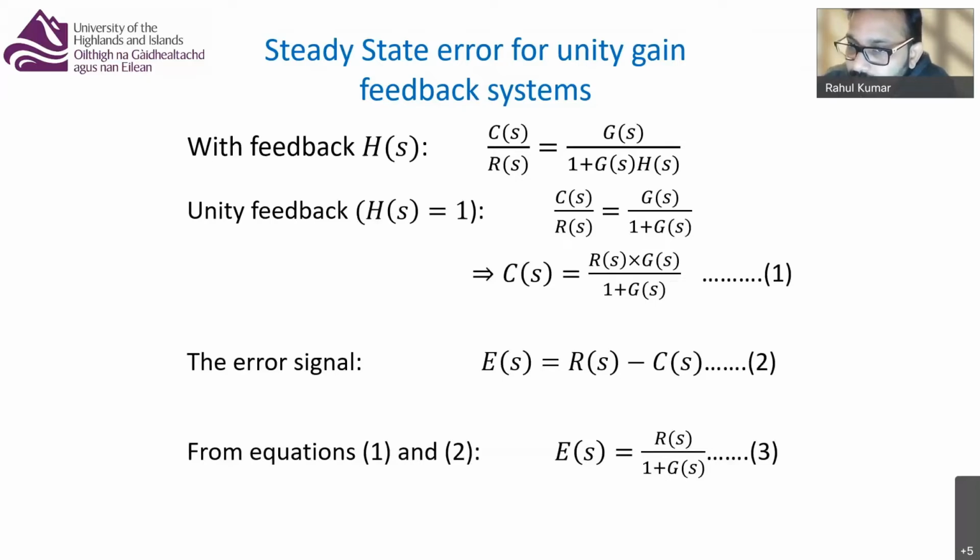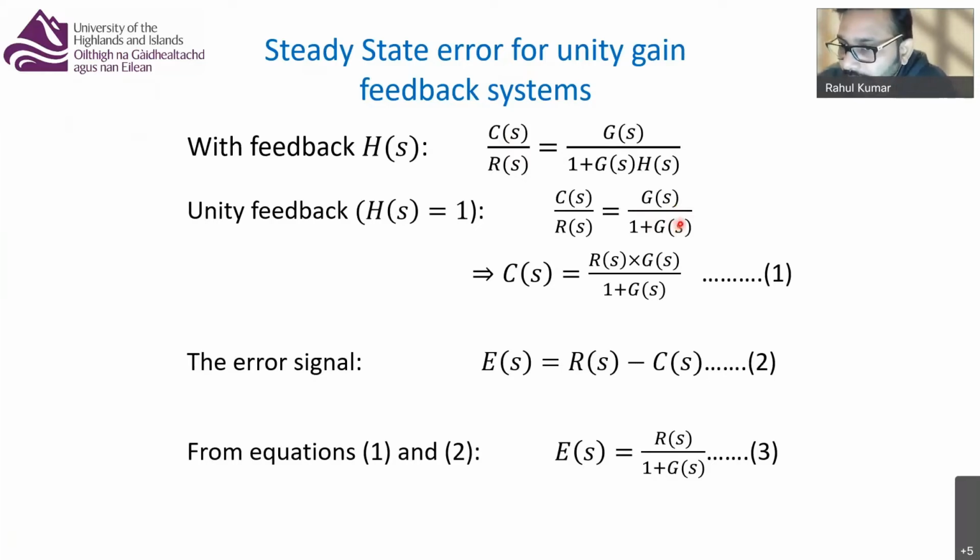We can use the formula for the closed loop system and just replace H of s by 1. If I modify the equation for the closed loop system, I will get this. The equivalent transfer function of the unity gain feedback system will be G of s divided by 1 plus G of s, because H of s is 1.